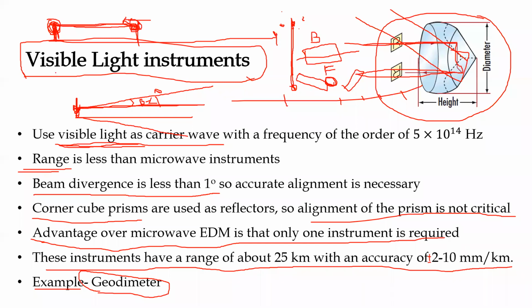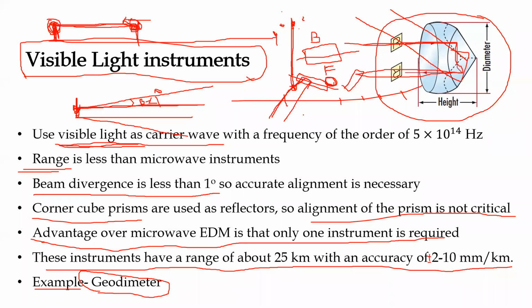In case of a visible light instrument, it doesn't matter at what angle you are placing. Why? Because the structure of the prism is such that at whatever angle you place, the incident beam will get diverted, will be sent back along its original path.